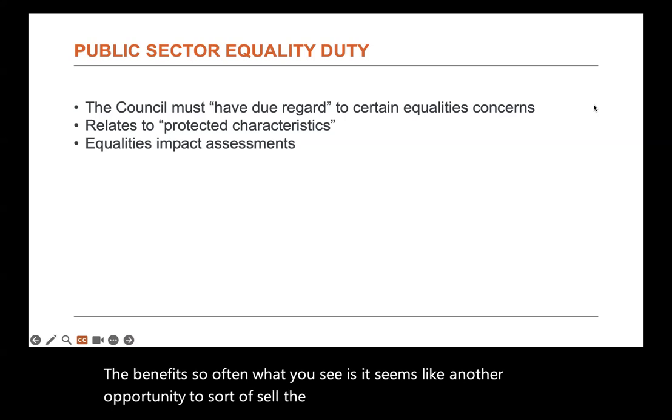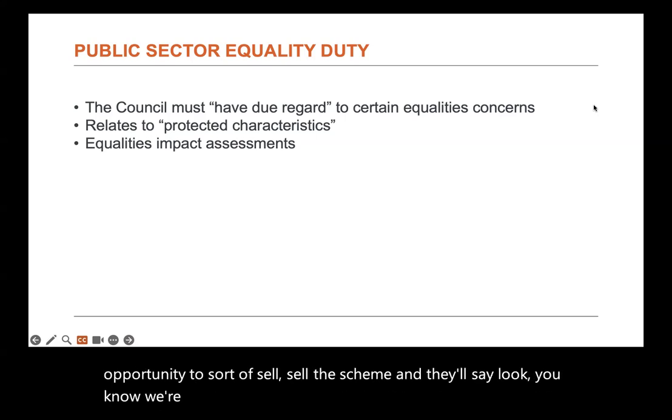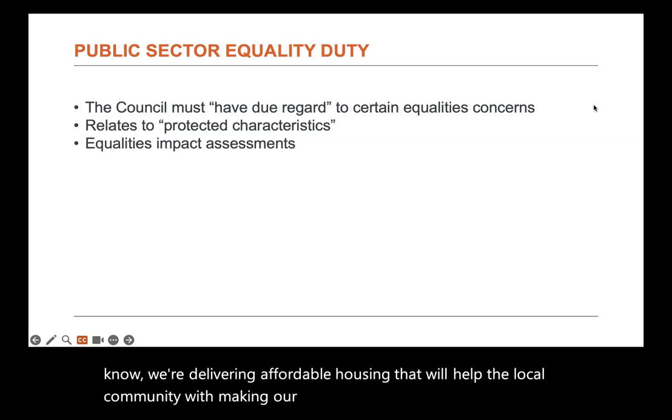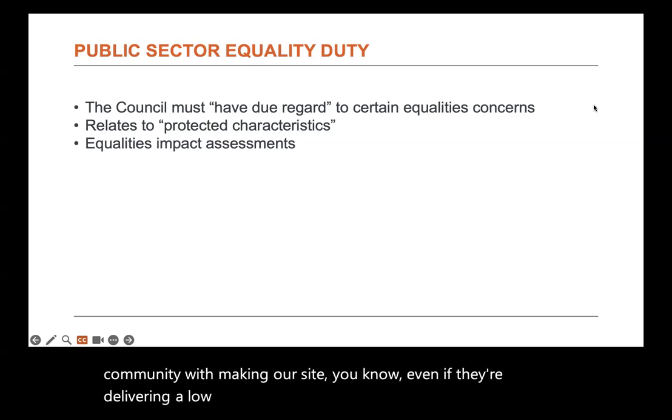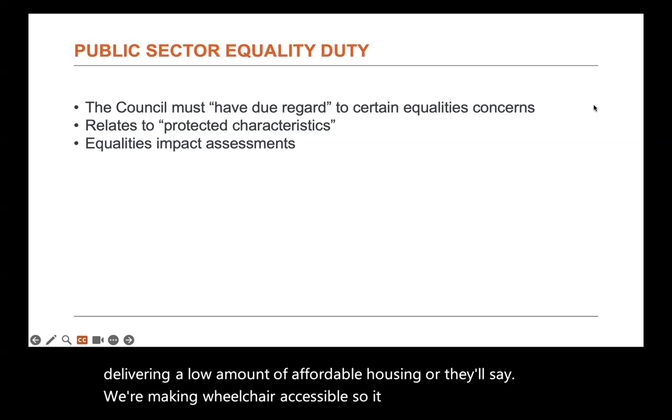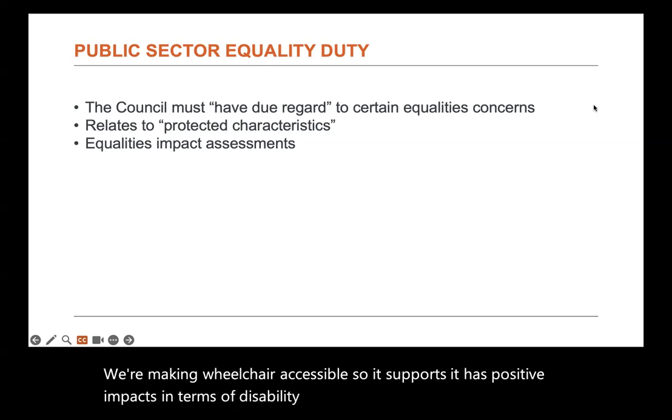They'll say, look, we're delivering affordable housing that will help the local community, even if they're delivering a low amount of affordable housing. Or they'll say, we're making it wheelchair accessible, so it has positive impacts in terms of disability. But usually it's a very unnuanced, oversimplistic view.